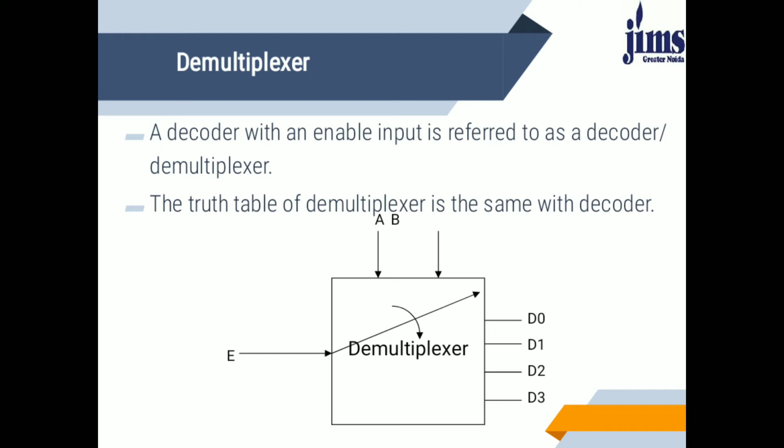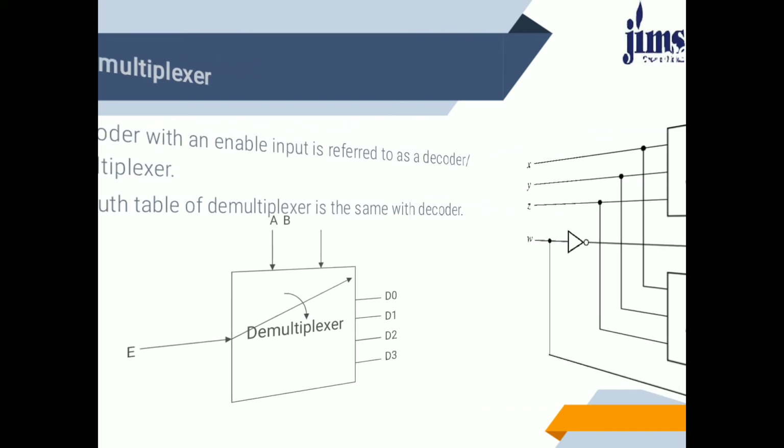With the help of the enable input we can prepare a demultiplexer from a decoder. So enable will work as an input line, and A and B will work as selection lines here, which were input lines in the decoder. Accordingly, for 2 inputs a total of 4 outputs will be generated, D0, D1, D2 and D3.